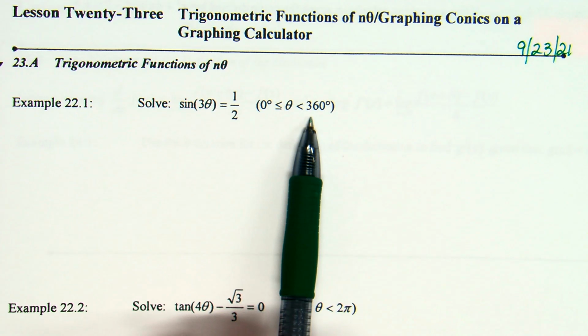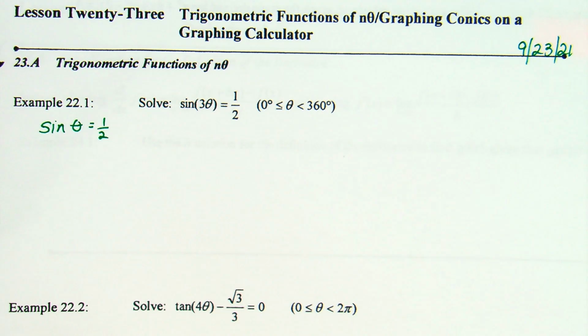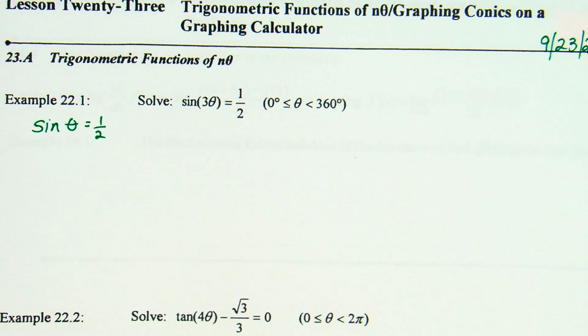Let's see, I'm trying to remember where I like to start. Forget the 3 theta for a moment. Let's play the what if game. What if this just said sine of theta equals 1/2? What would your thought process be for solving that?